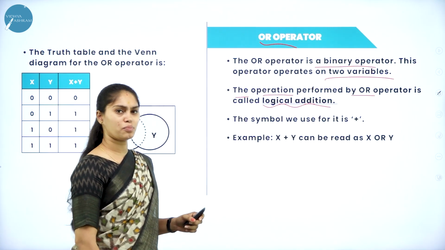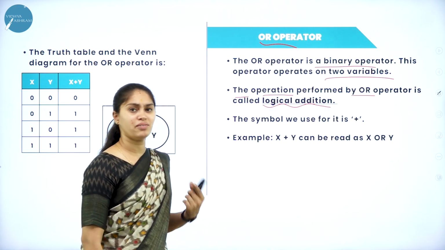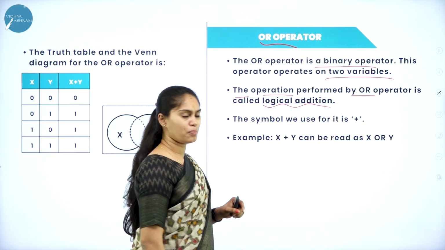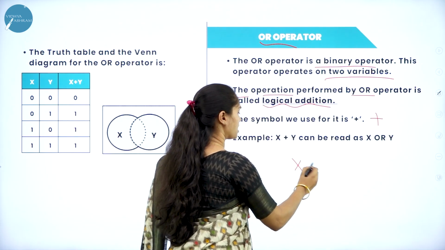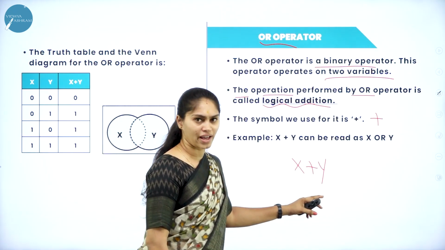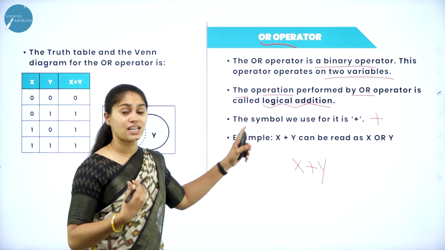When it comes to the OR operator, it performs logical addition. Which symbol do we use to represent the OR operator? That is plus. If I write x plus y, how can I read this? x or y. That plus is nothing but logical addition.